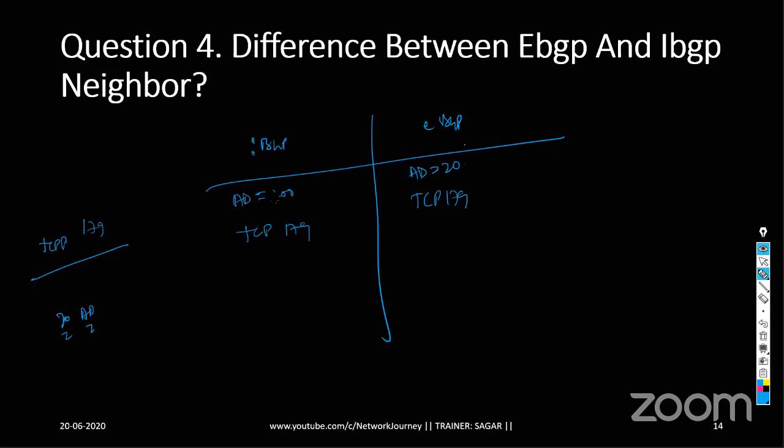EBGP is basically for connecting to different AS numbers, and IBGP is for within an AS. IBGP requires full mesh connectivity. Otherwise, you need some other mechanism such as a route reflector. But why do I need full mesh or a route reflector? Is it really required?